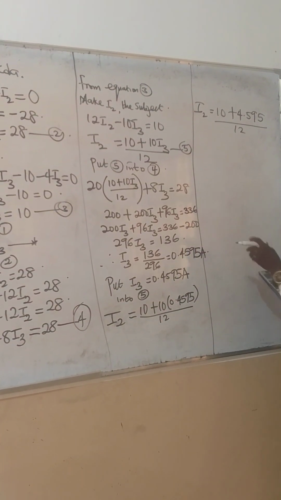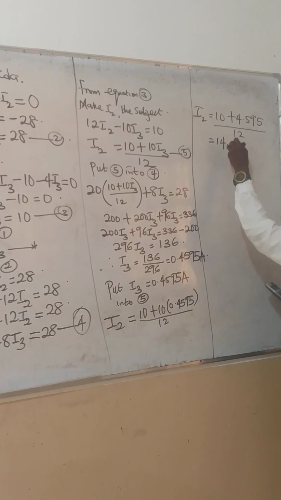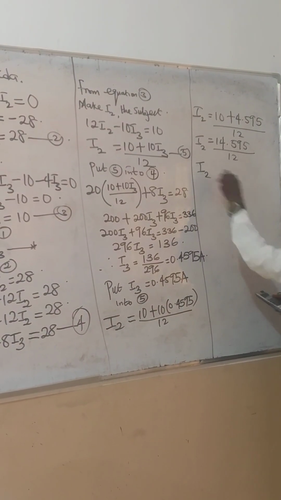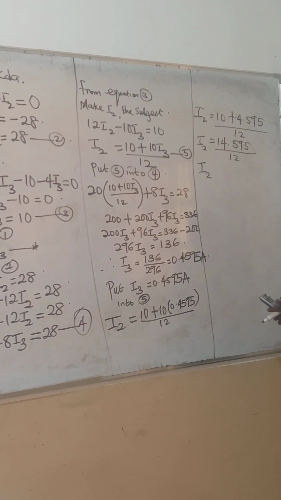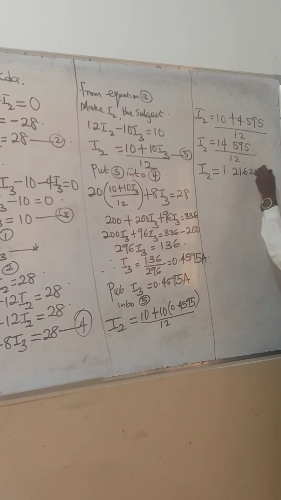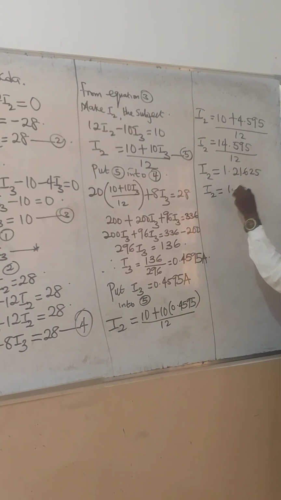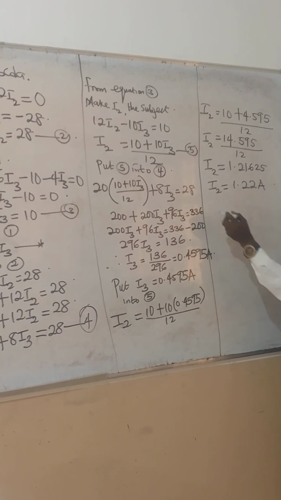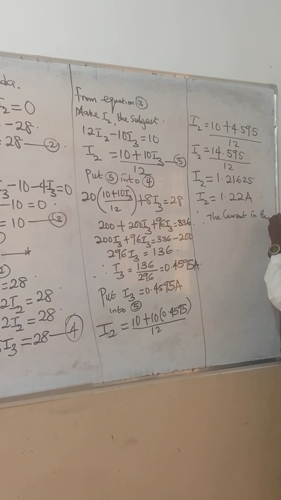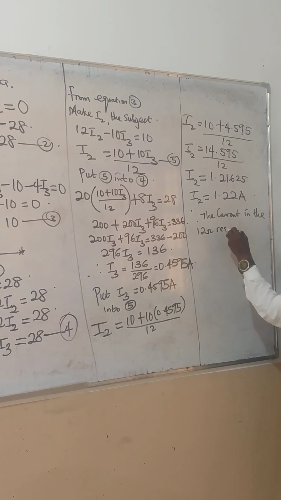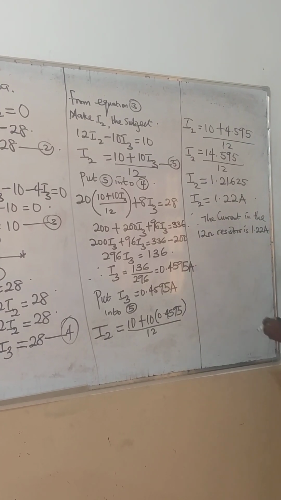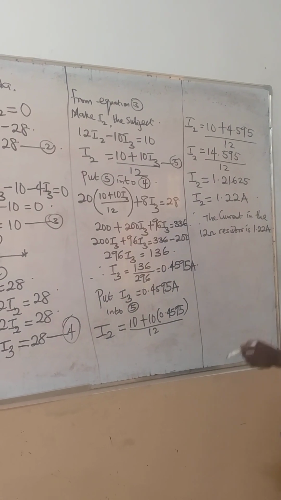That gives 14.595 over 12. Divide this by 12. That gives 1.21625, which will be approximated as 1.22 ampere. Therefore, the current in the 12 ohm resistor is 1.22 ampere.